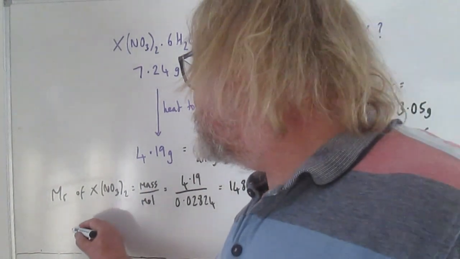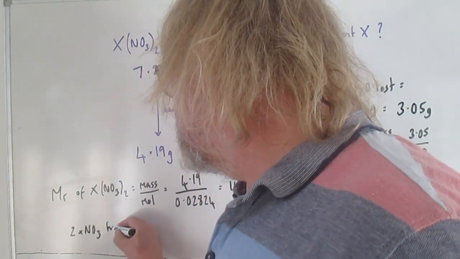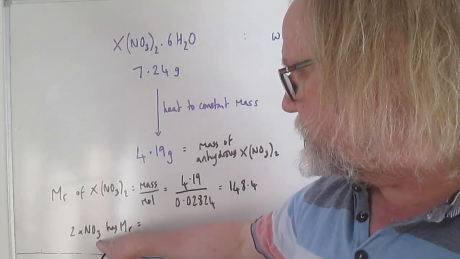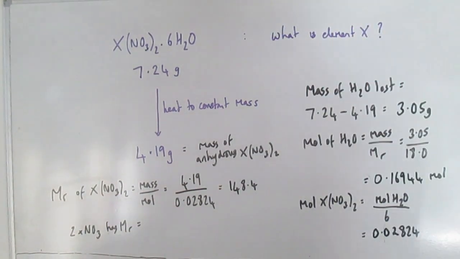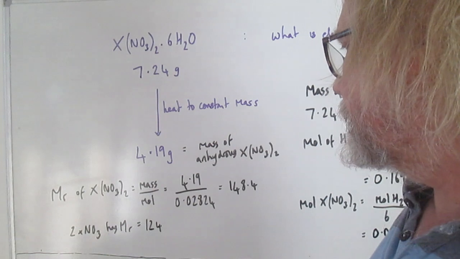So 2 lots of NO3 has an Mr of, well, 3 oxygens, 3 16s are 48, plus 14 is 62, and 2 62s are 124, so 124.